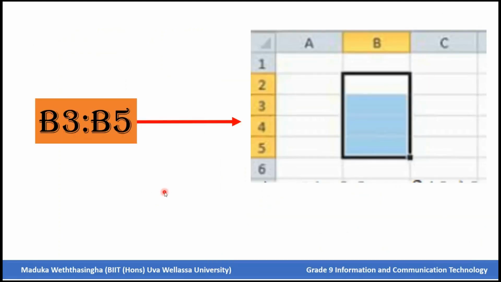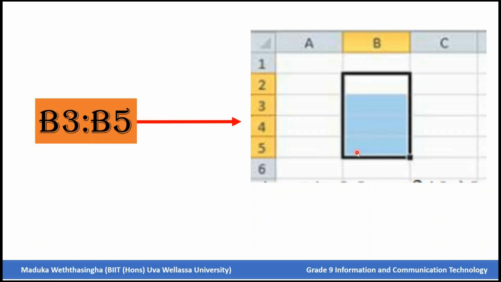And now we are going to discuss how to find the cell range. First you have to write the starting cell address. Here the starting cell address is B2. Then you have to write down the last cell address, B5.